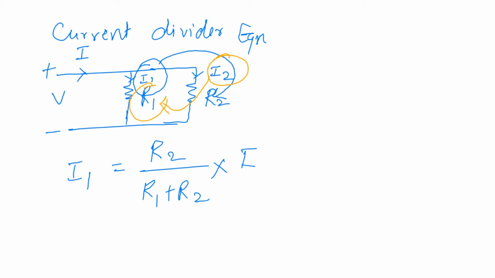So I2 is equal to R1 divided by R1 plus R2, multiplied by the total current I. In this manner, you can find the current in different branches using current divider equations.